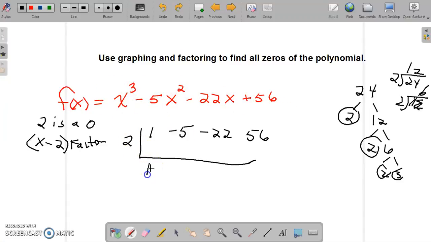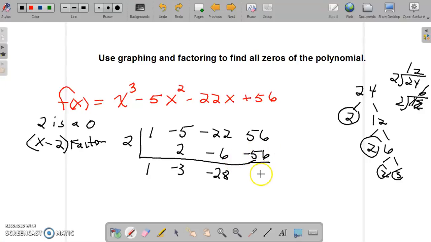I'm going to bring that 1 down. 2 times 1 is 2. Add my column, negative 3. 2 times negative 3 is negative 6. That is going to be negative 28. 2 times negative 28 is negative 56.